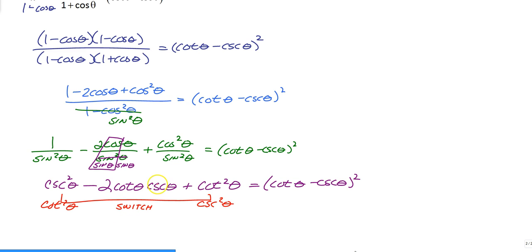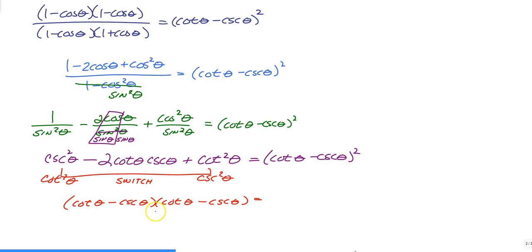And now you can just factor. That would give you cotangent theta minus cosecant theta times cotangent theta minus cosecant theta. And that's equal to this guy, which we know if it's the same factor twice, we can just write it once. So that's going to leave us with cotangent theta minus cosecant theta squared.